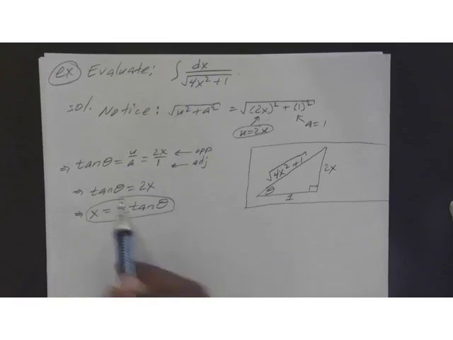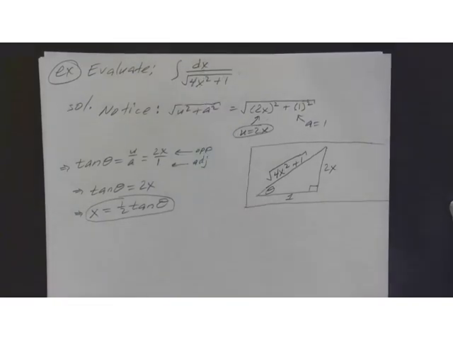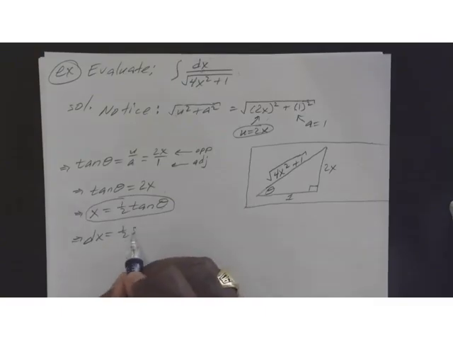Okay, so we have our x. Okay, now we need our dx. So our derivative of x is equal to the derivative of tangent, which is secant squared. So that's 1/2 secant squared with respect to theta.